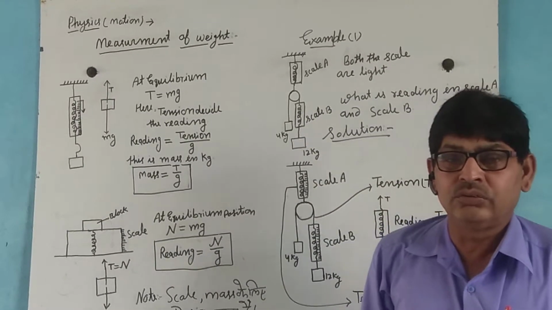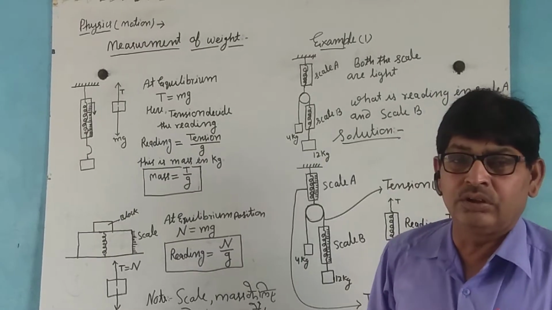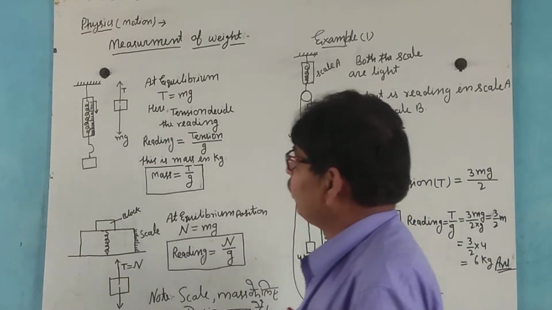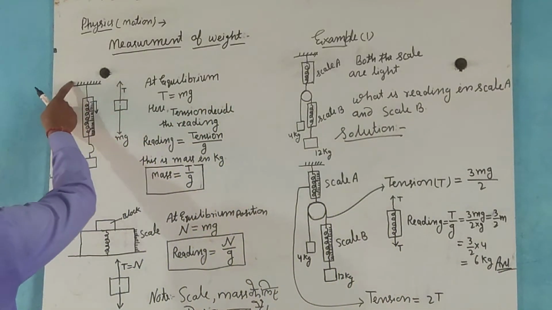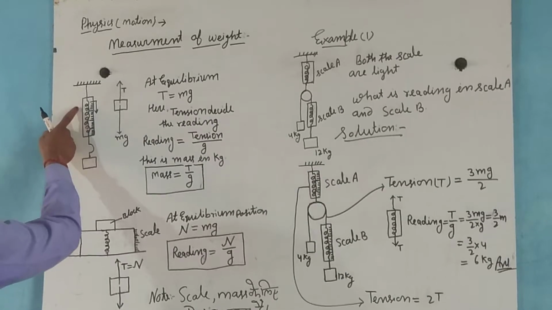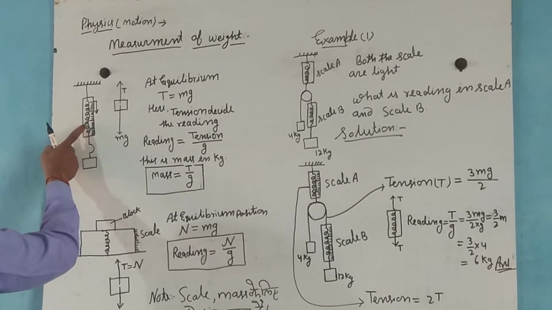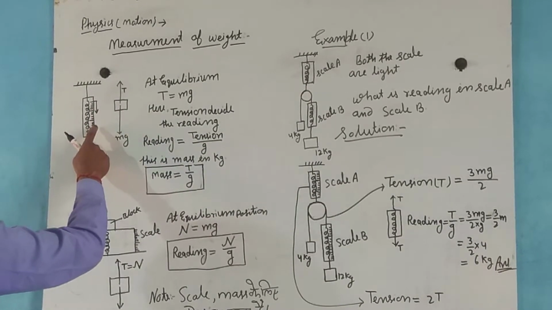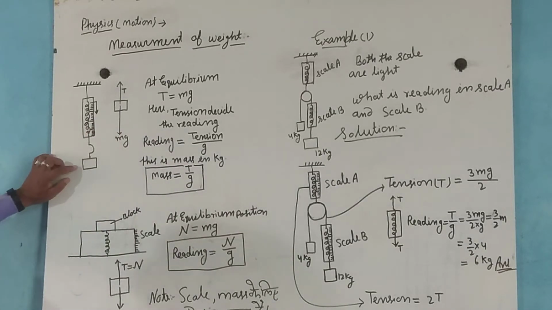Today we are going to discuss the measurement of weight. This is a rigid body attached to a string. Here this is a spring attached to this scale, and this is the block.